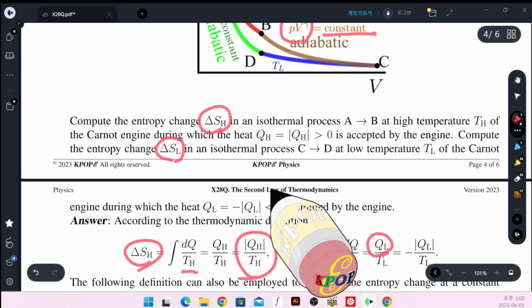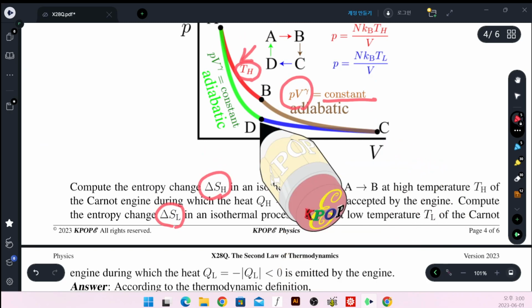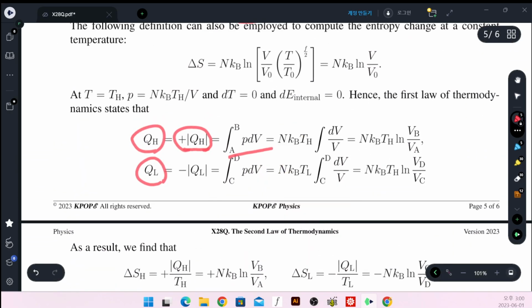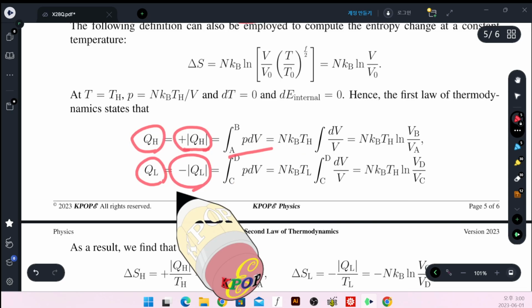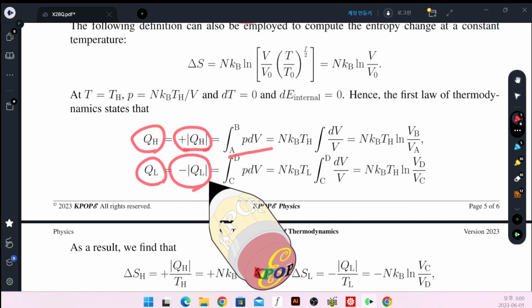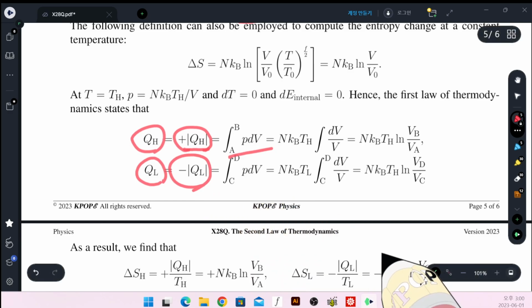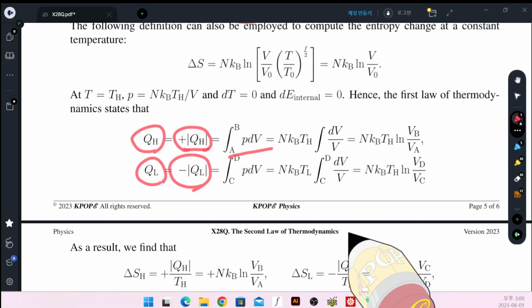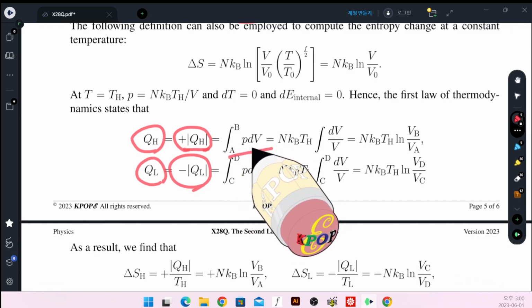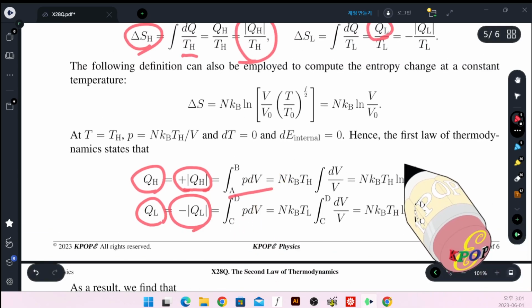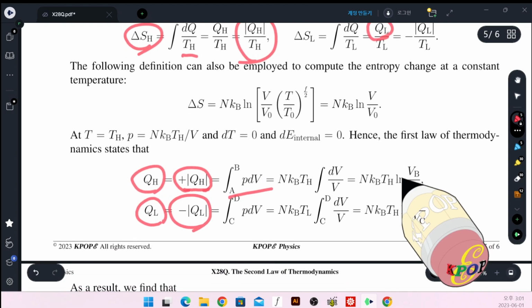In a similar manner, when it shrinks from C to D, the heat it gives away is exactly the same as the work done by the gas, which is negative. As a result, we can compute this in terms of the constant temperature condition.